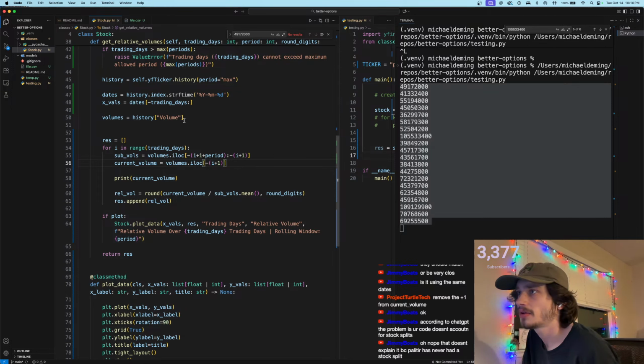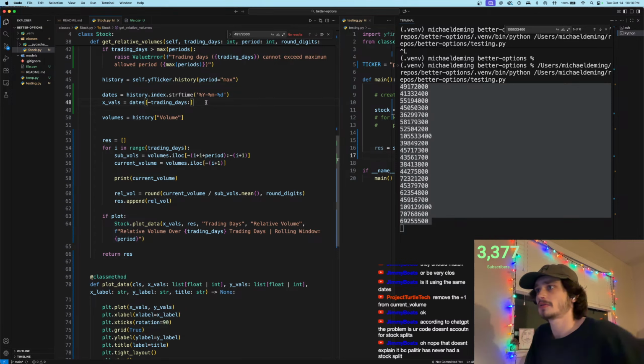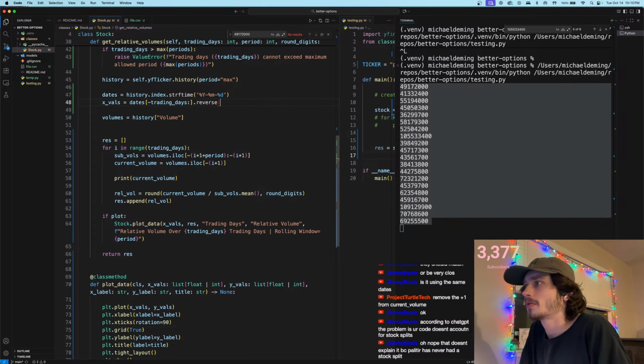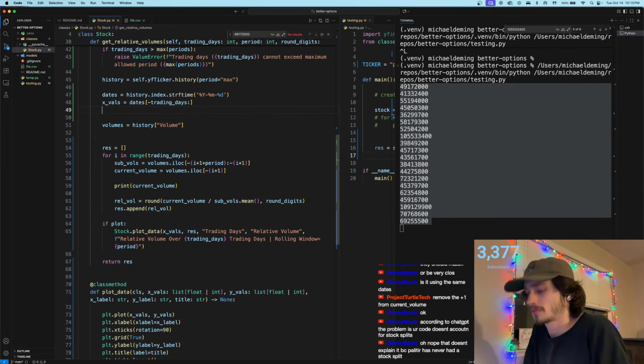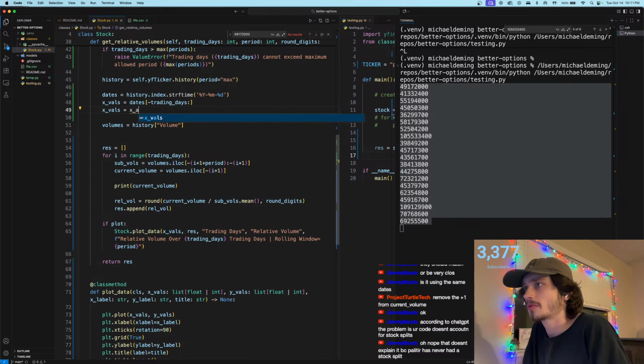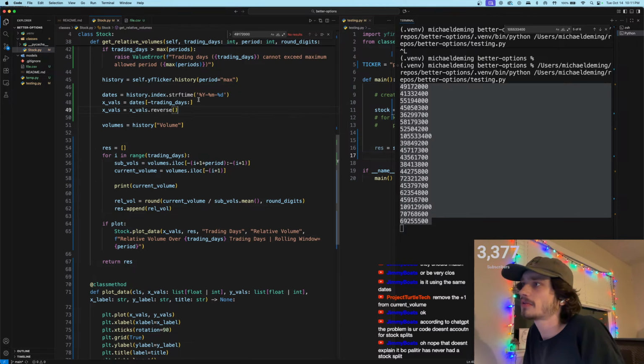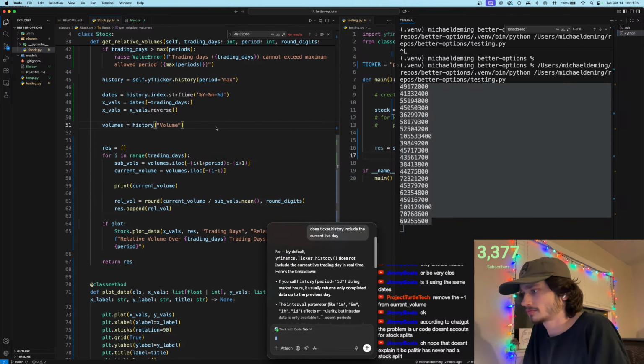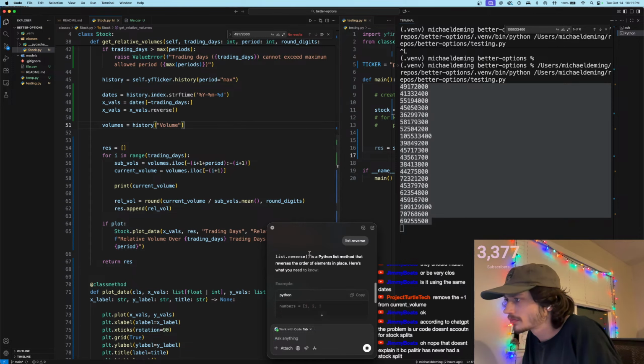So if we just assign x values... I forgot how to do this. Is it just not reverse? Yeah.